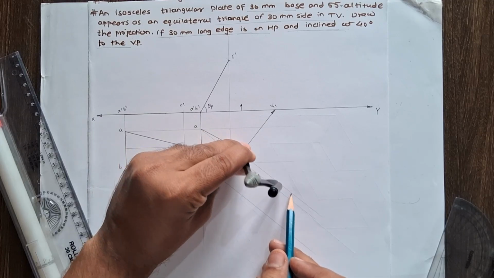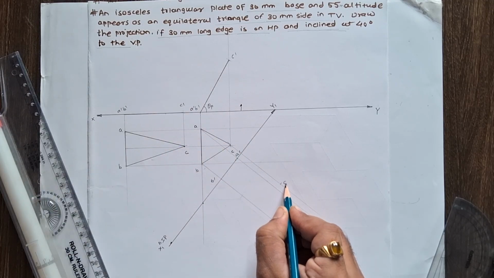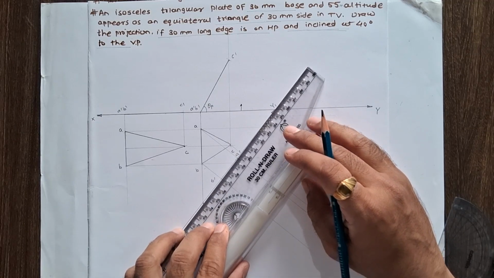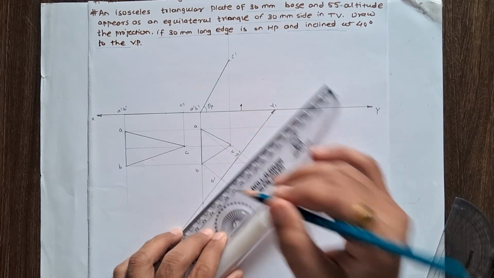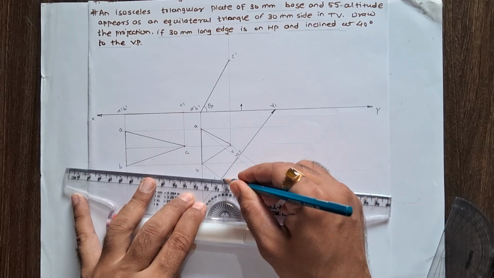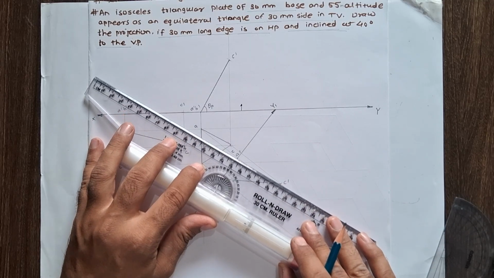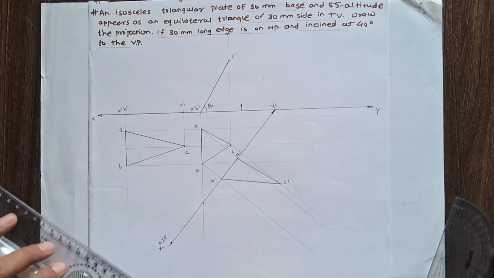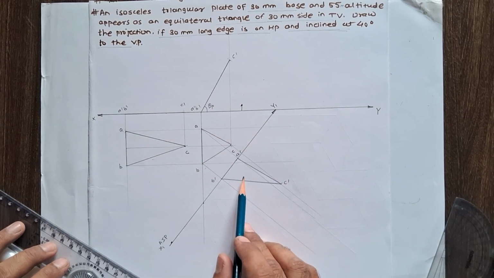So from x1 y1, mark this point C dash. Now join AB, BC and CA by using thick line. This is the final view for this problem.